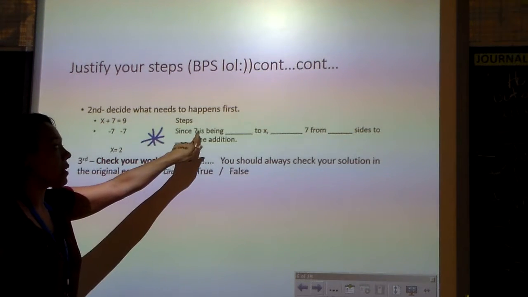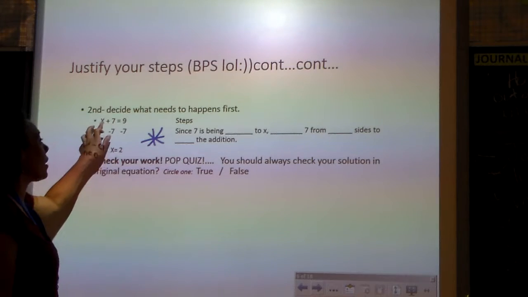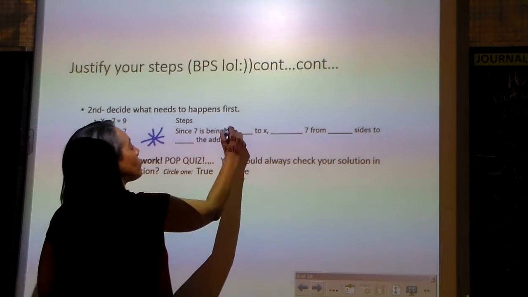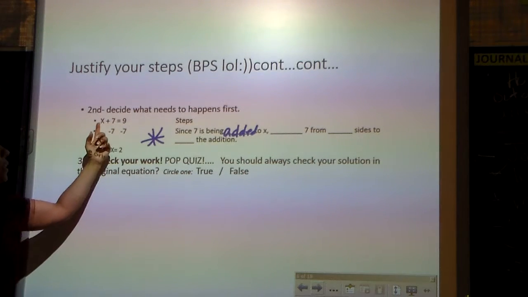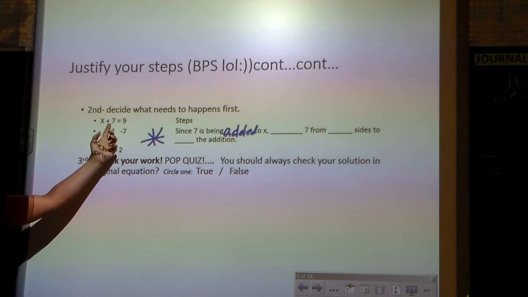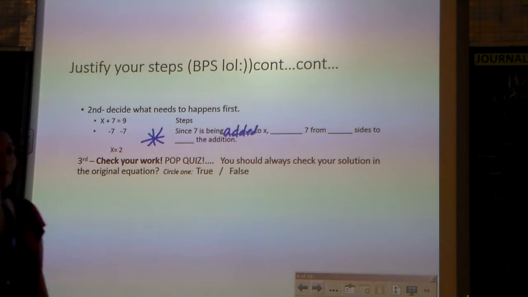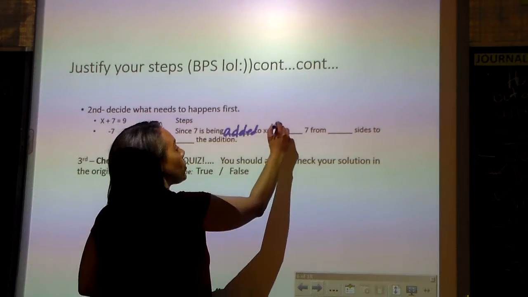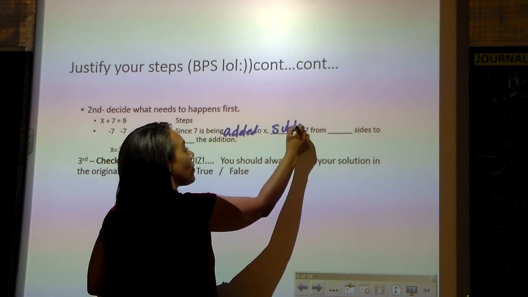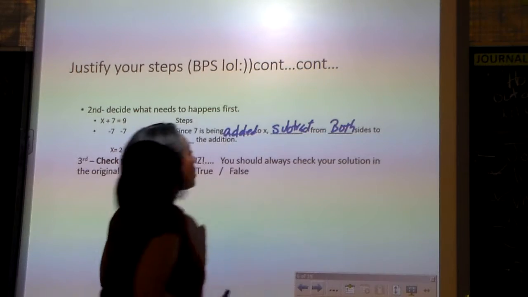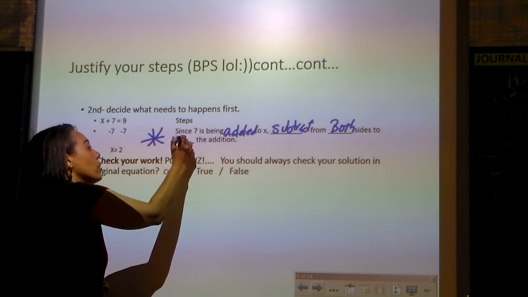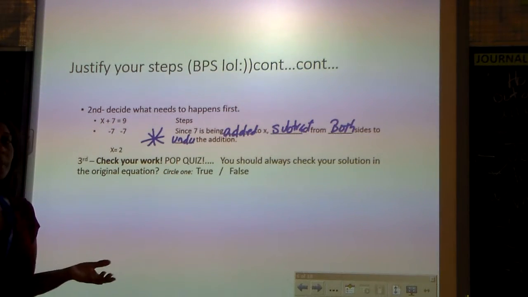Since 7 is being added to x, because you see here you have x and 7 is being added, then what we're going to do here is subtract 7 from both sides to undo the addition.